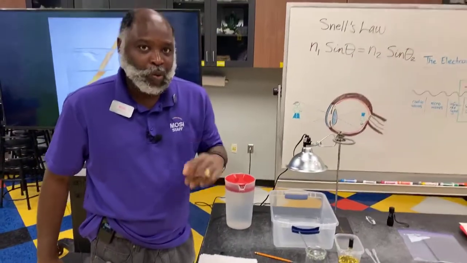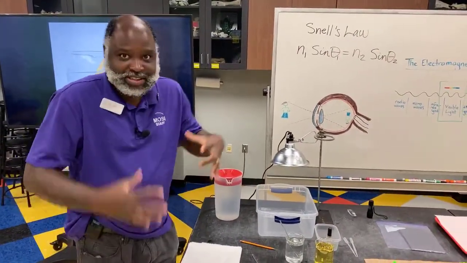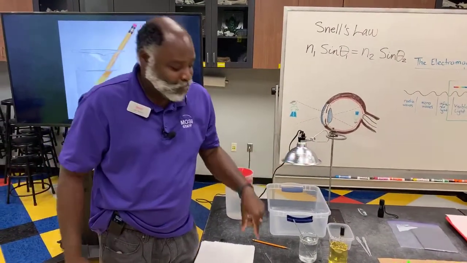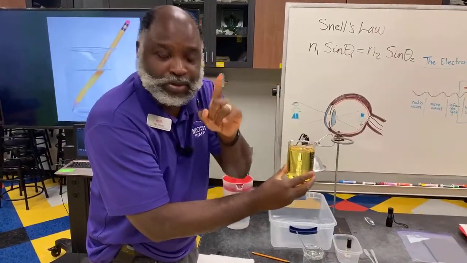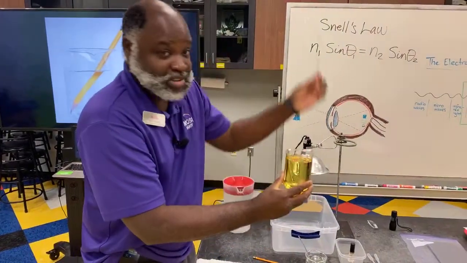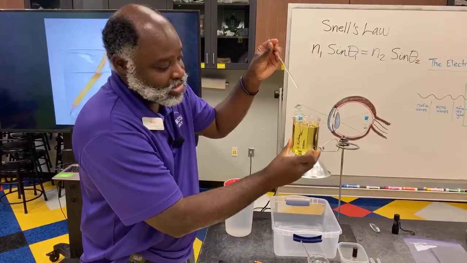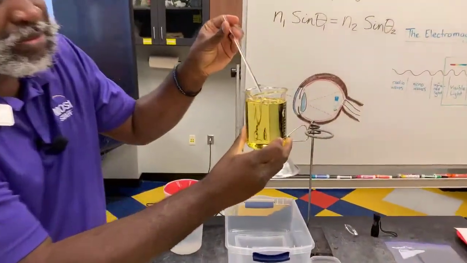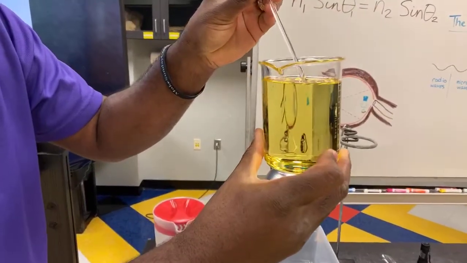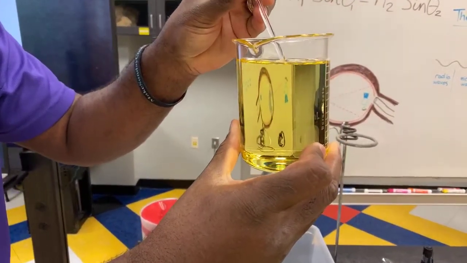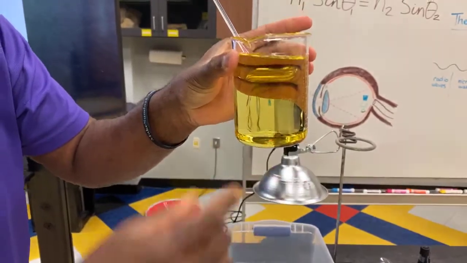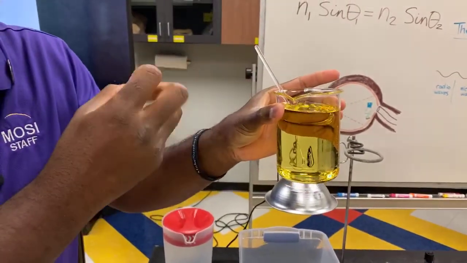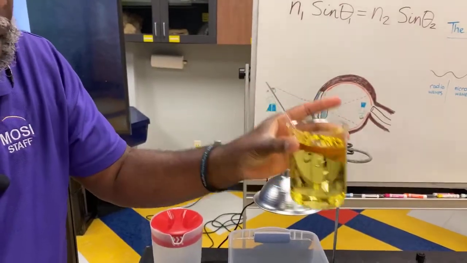But what if we do something different? Let's take a different substance like oil, okay? So we're going to take oil and have another glass stirring rod. Now I want you to watch this. This is really cool. You can barely see it going through, and that's because the oil is a different substance than the water.